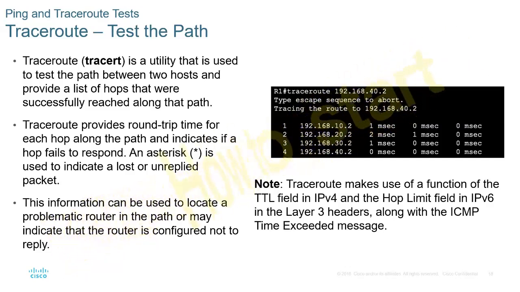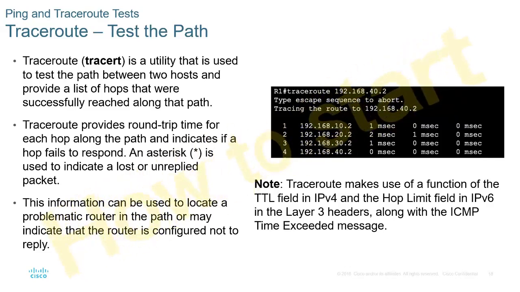Sometimes we'll get an asterisk instead of a response. An asterisk is used basically to say a packet was either lost or a host didn't reply. Again, the host is subjective, being any layer 3 device along the network that should have been responding, or the destination also could not be responding. So the asterisk is a catch-all.